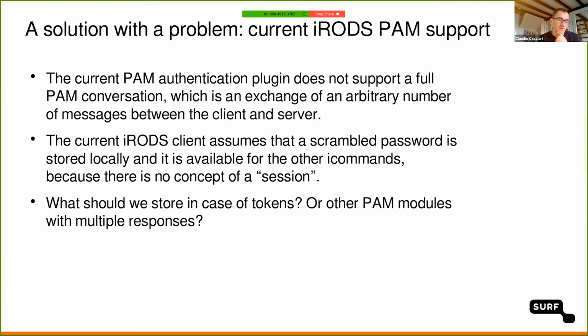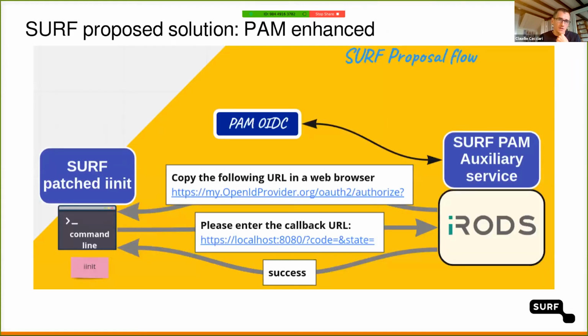And then we need again to decide what to store on the client side, because there is no password anymore in this case, but a set of messages, let's say, or a token. So we need to define what we want to store on the client side. To overcome this limitation, we came up with the idea of a sort of enhanced PAM.